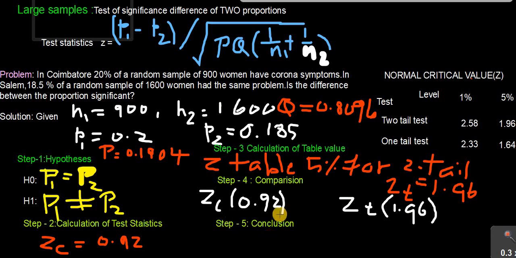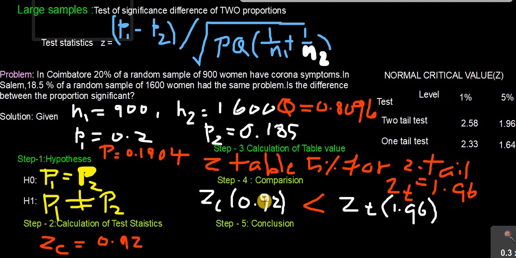What I see is that the calculated value of the Z variate is less than the table value of Z, that is 1.96. Calculated value of Z variate is 0.92, whereas table value of Z is equal to 1.96.